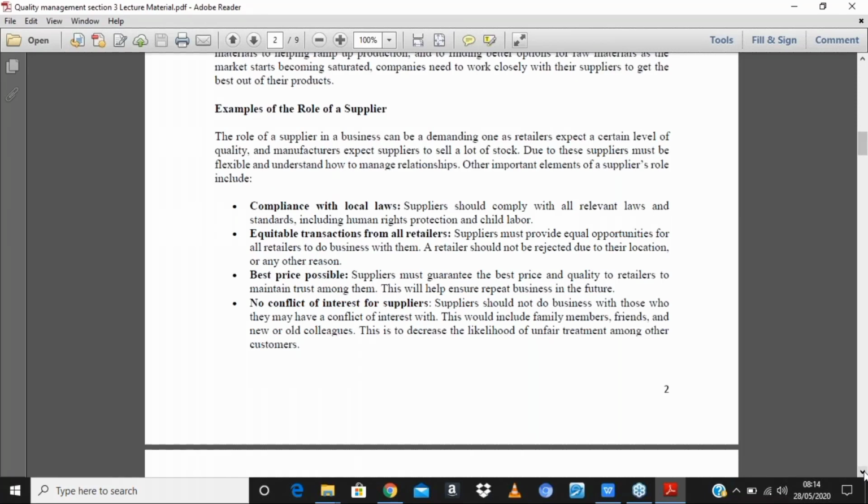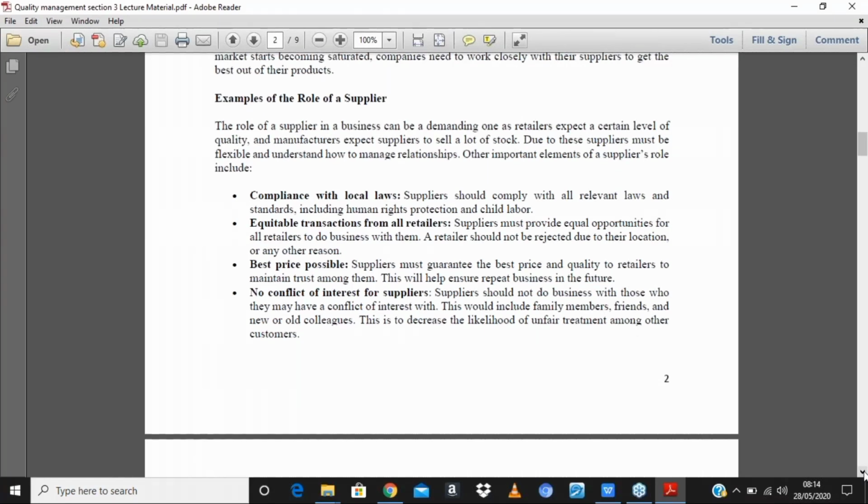Suppliers must be able to guarantee very good prices to retailers. Then managing conflicts. Suppliers must do business with those who do not conflict. So that is important.